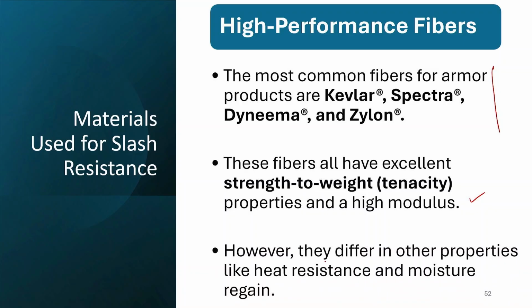However, they differ in other properties like heat resistance, moisture regain. So, these fibers have different heat resistance, moisture regain or maybe melting point, but all of these fibers have very high strength and high modulus.